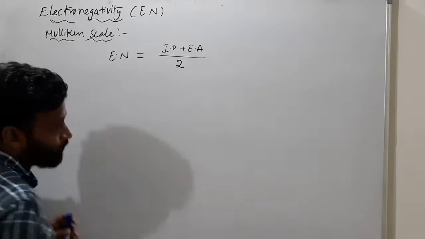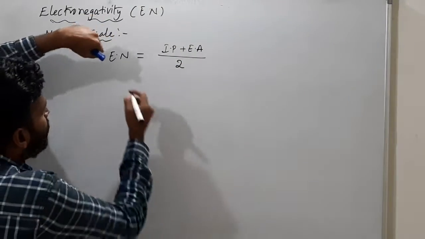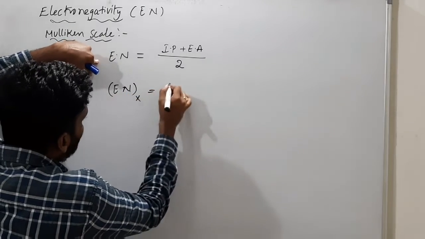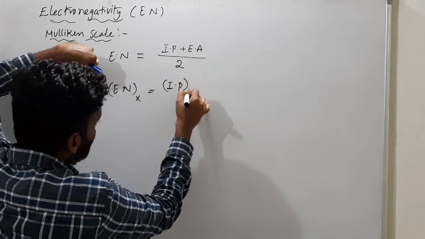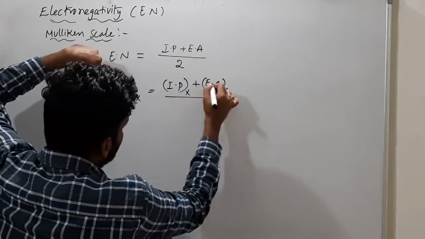Average, because we are taking two components. So suppose the electronegativity of some particular X atom is the ionization potential of that particular X plus the electron affinity of that particular X, divided by 2.